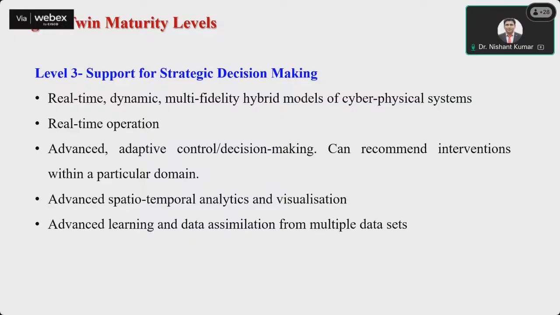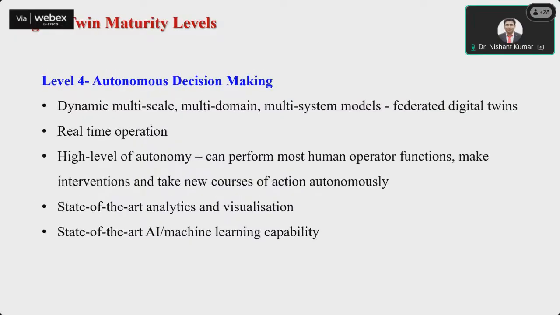Means coordinated control you will not see here. This is completely primary control, and according to the primary control, it will always try to fulfill the objective, demand, whatever things are decided like that.